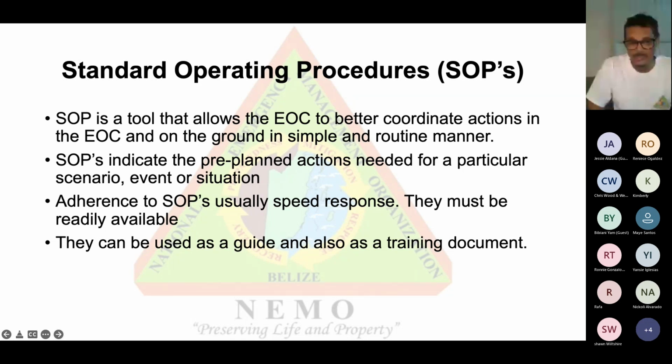Every district has a multi-hazard district disaster response plan, right? But when you're faced with these impending hazards, it's very difficult, and it's not practical for you to pull out that plan and start to search through the pages to see what you should do.